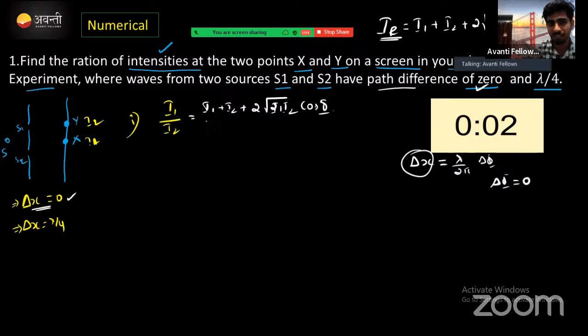Check it once. Divided by, in the denominator again I1 plus I2 plus 2 root of I1 I2 cos phi. Okay, I1 value needs to be found first. In I1, the phi value will be 0.